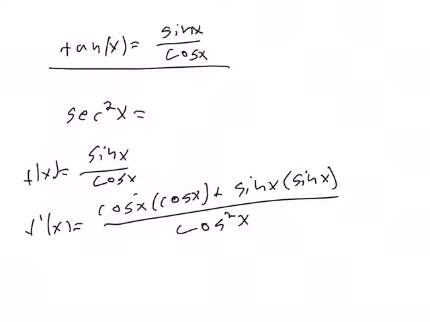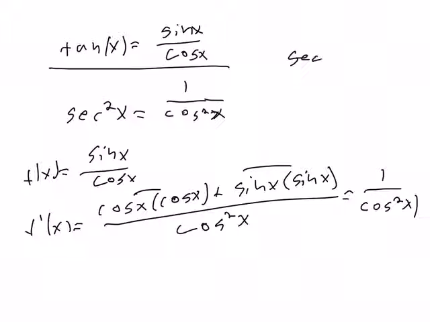So this is cosine squared plus sine squared, which is equal to 1. So this is going to give me 1 over cosine squared x. In other words, we get that secant squared is equal to 1 over cosine squared of x, which is obviously true, right? Because secant of x is equal to 1 over cosine of x, so secant squared is equal to 1 over cosine squared, but it's nice that it worked out.